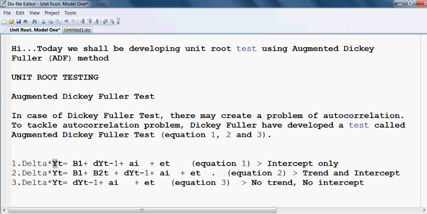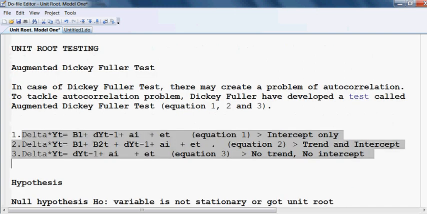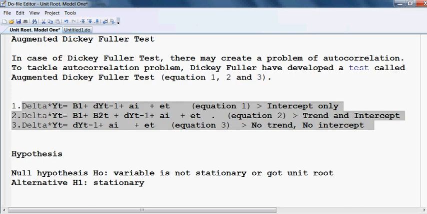And all three models must come to the same decision, whether our variable y has unit root or not.